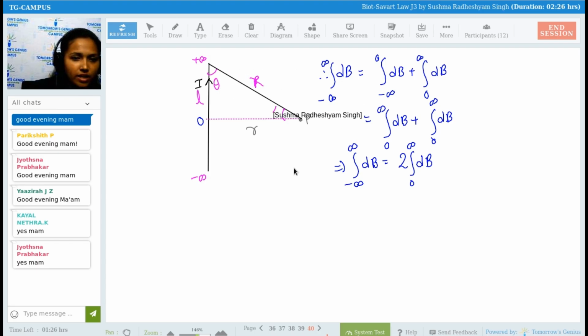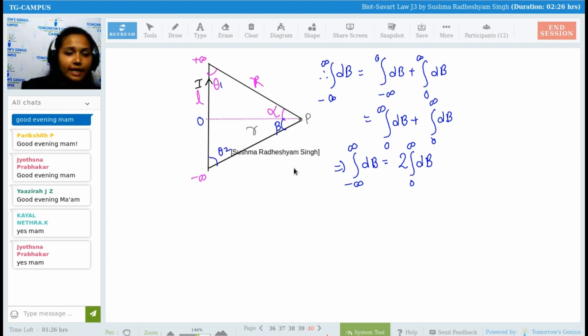Let's say this is also an angle, alpha. In a similar manner, if I draw the diagram downward, this also shows the same, with another angle, let's say beta. So this is theta 1, this is theta 2 angle. Clear this diagram?